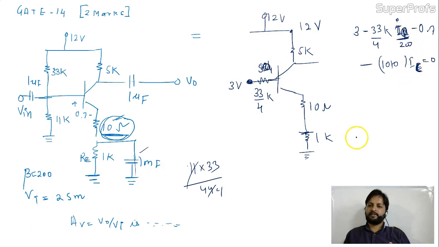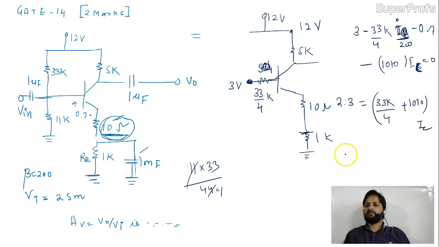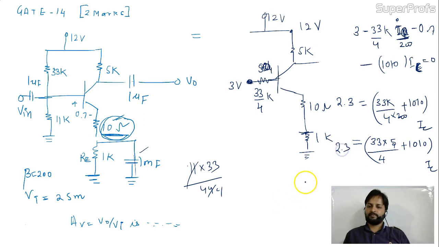So IC is unknown in the circuit now. So this is 2.3 equal to (33k by 4 divided by 200 plus 1010) IC. Overall, 33 into 5 divided by 4 plus 1010 of IC, and this is 2.3. Correct. Let me erase some part, then I'll solve it.